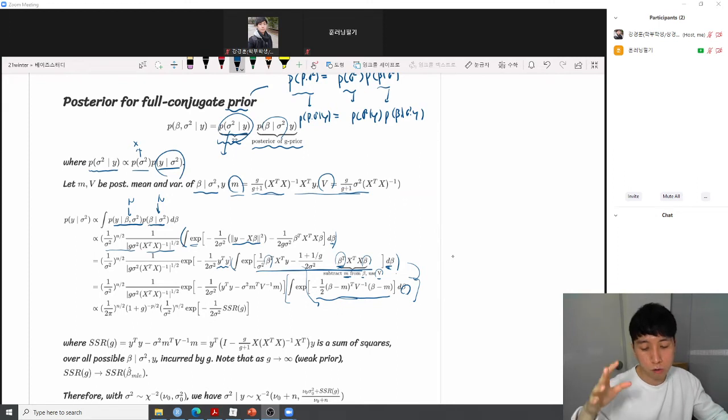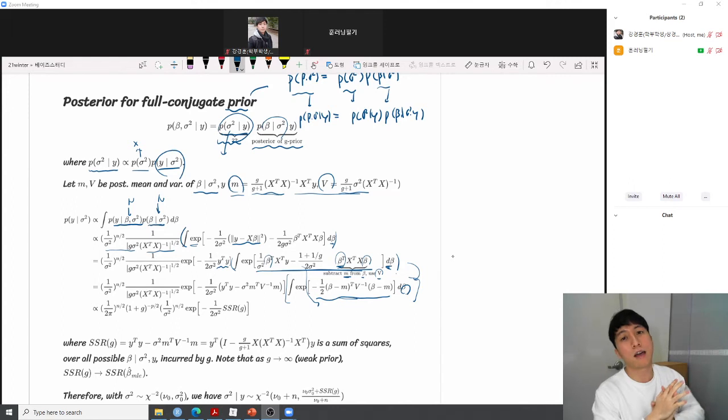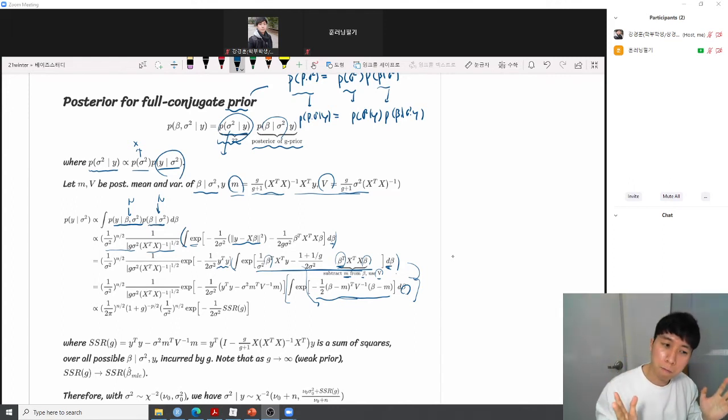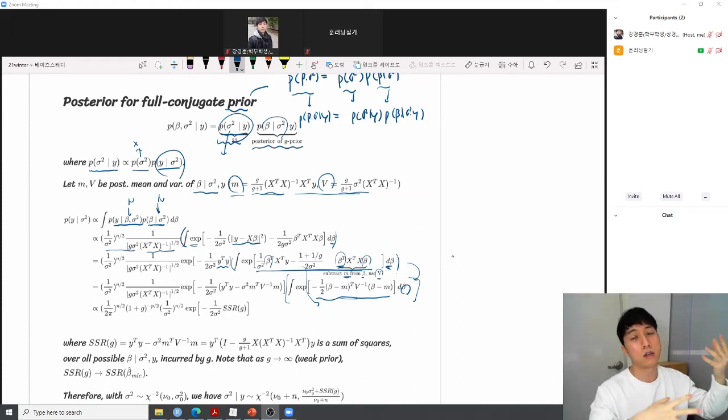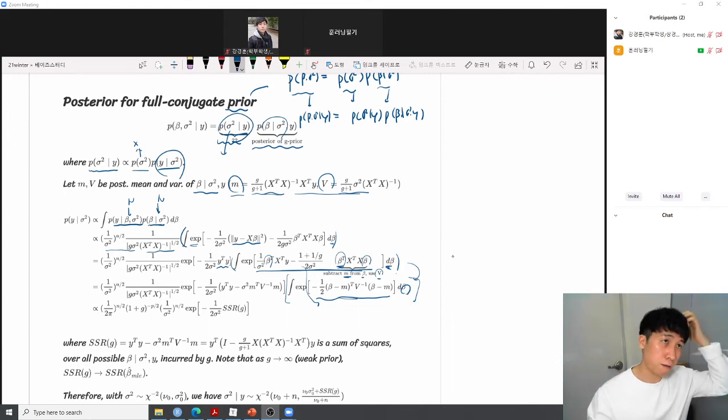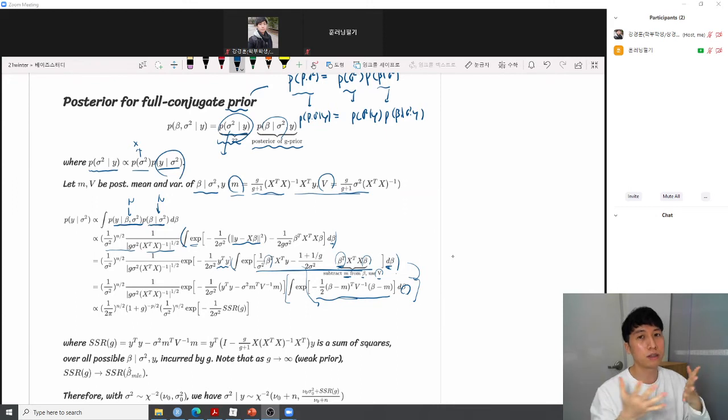So in most cases, Bayesian statisticians rely heavily on sampling, but you can save a lot of time and computational power in sampling by some clever tricks, like giving clever priors and deriving clever posteriors, and a lot of that involves the Gibbs sampler, right? The Gibbs sampler saves you a tremendous amount of time.